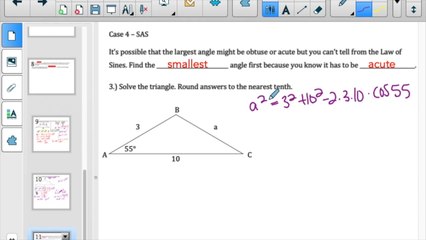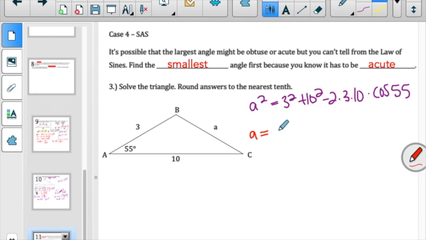There's a lot less work to start at the beginning of this. We want A by itself, okay? But we want to type all this into the calculator at once. How do I get A by itself? How do I get rid of the square? Okay, so this is what you're going to write on your paper.